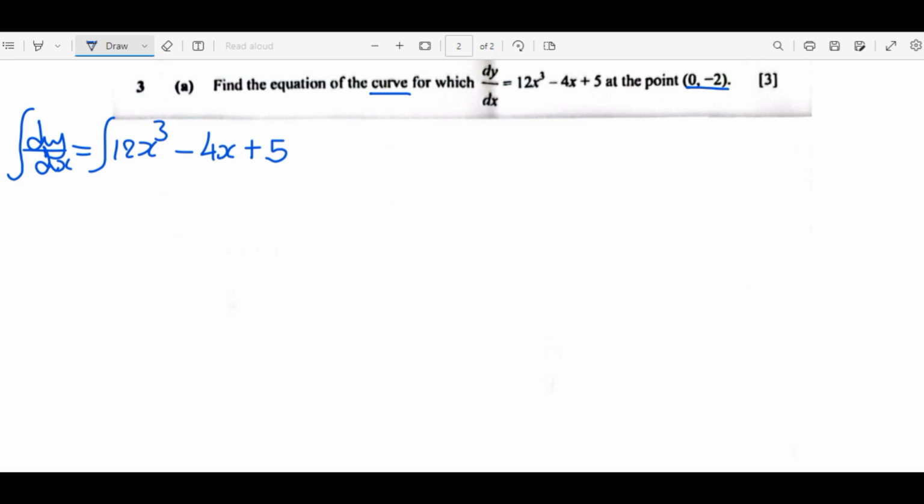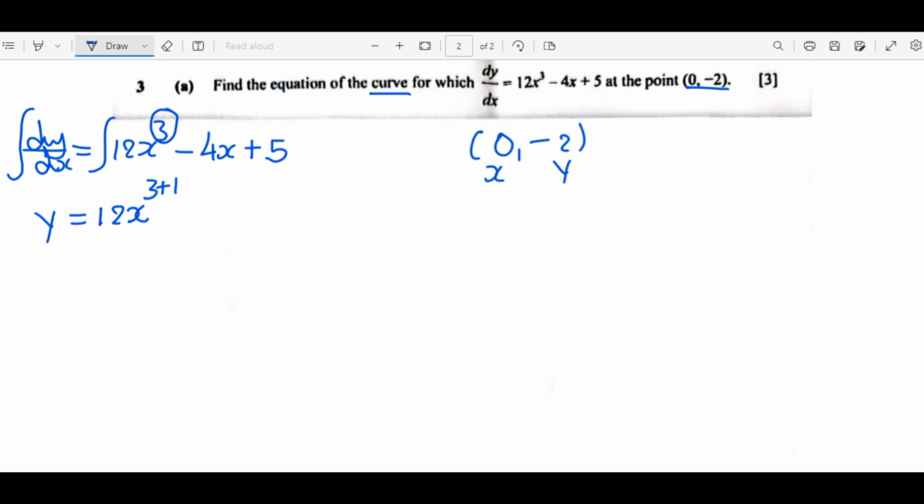This is also what we call a gradient function equation. If the question gives the gradient function equation and asks you to find the equation of the curve, it's the same thing: we need to integrate. And we have been given the point 0, -2, which is x, y. The antiderivative of dy over dx is just y. So we integrate this: this will be 12x. If you look, this power is 3, you add 1.